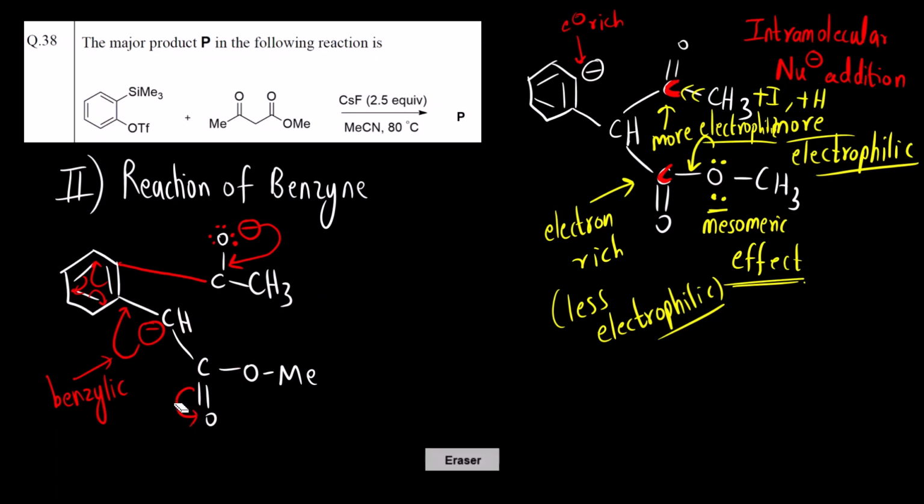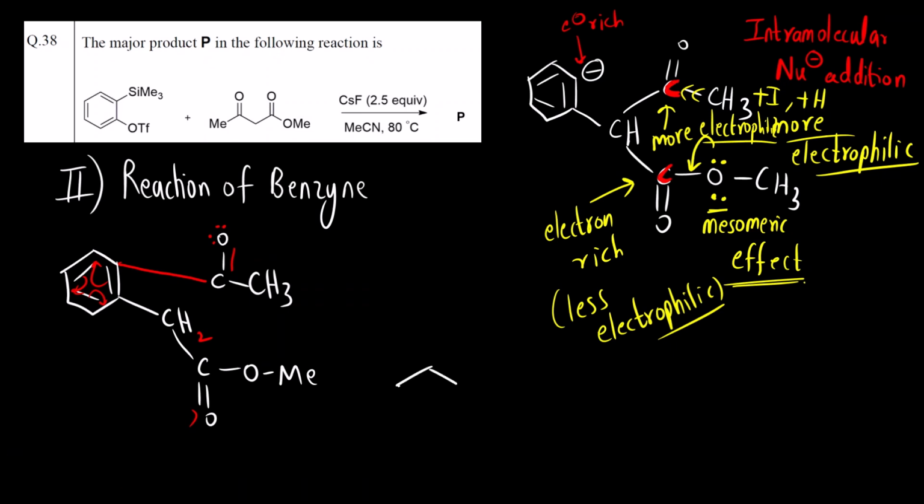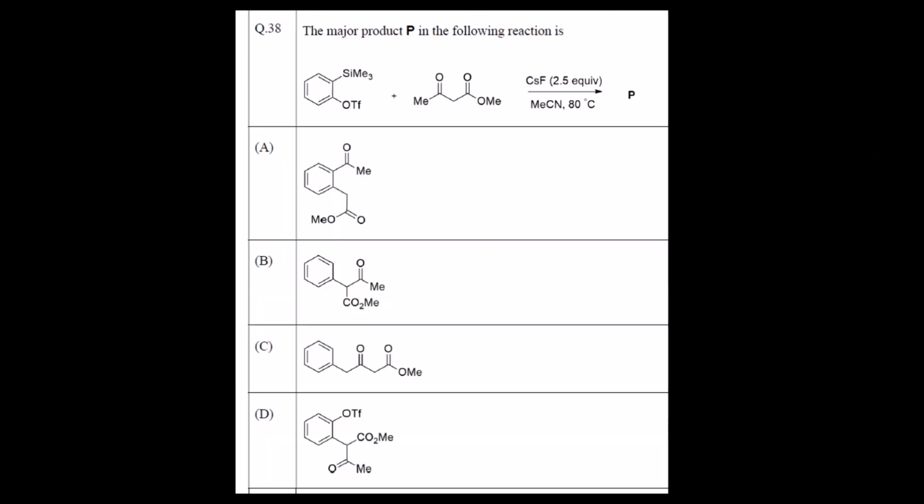Now this negative charge will pick up a proton and become CH2, and this has become C double bond O. So let us draw this properly. Benzene ring, we have the ketone, CH3, I can again write methyl, and here we have CH2, C double bond O, OMe.